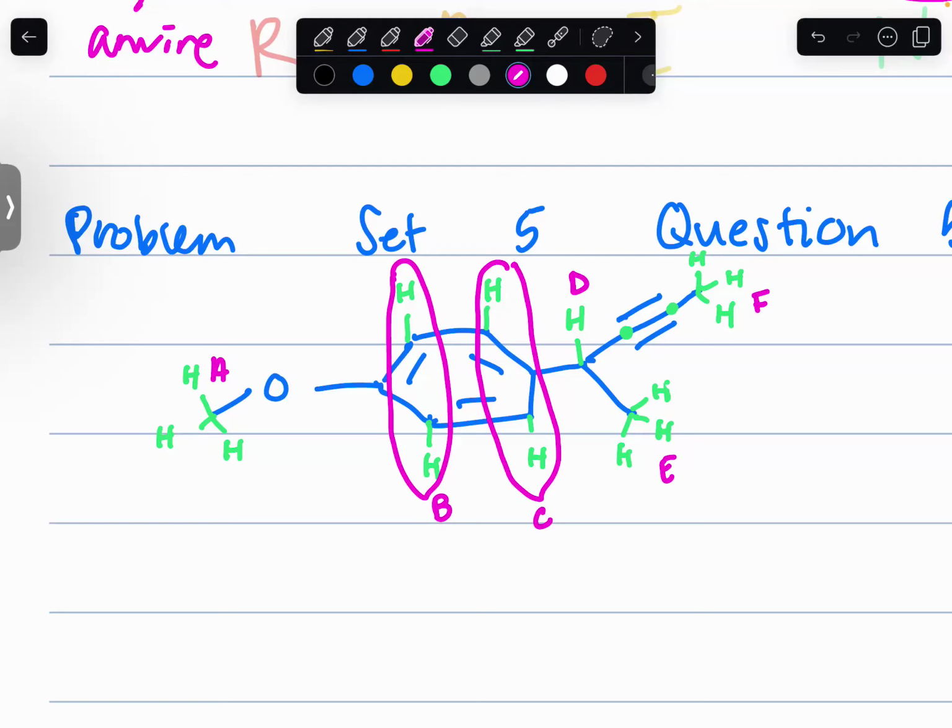How come the two that are in C are the same? That is because we have a line of symmetry down our aromatic ring.